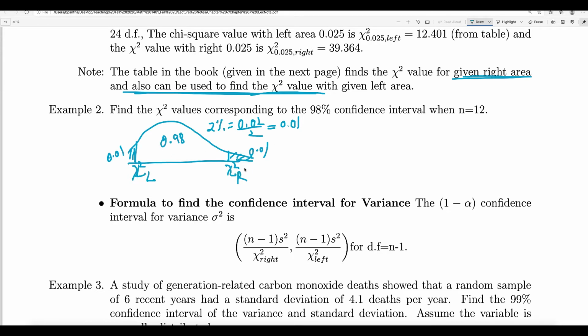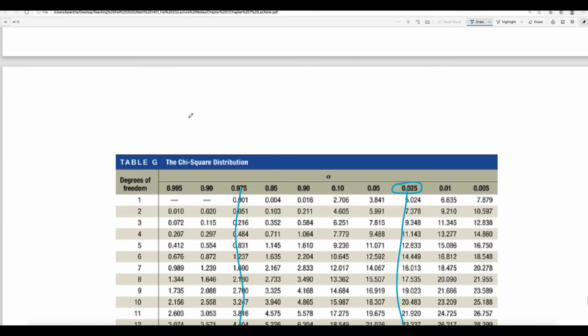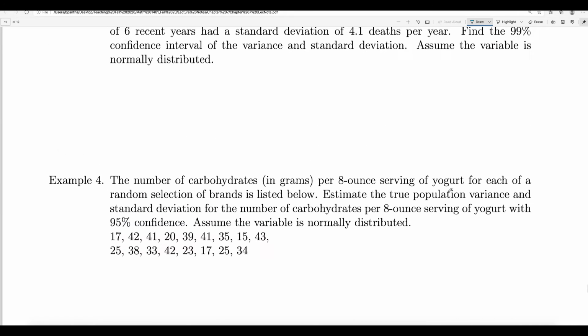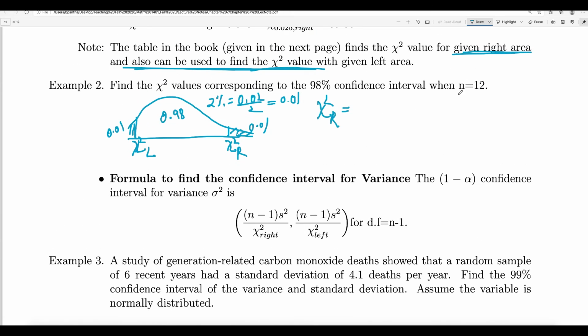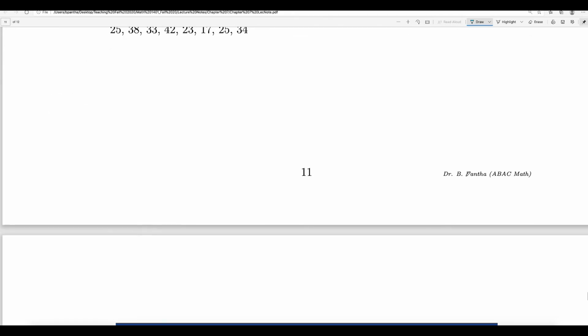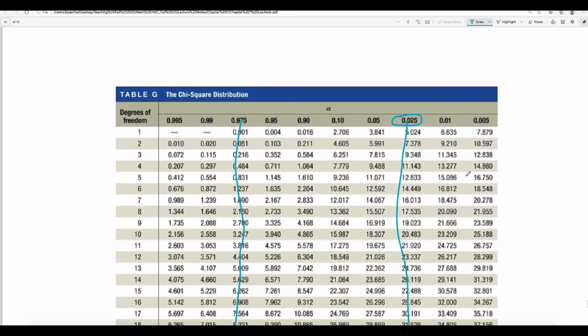To find the chi-square right, we need the area right of that 0.01. So on the table, go to the column of 0.01. What was the sample size here? The sample size was 12. So the degrees of freedom is 11, right? n minus 1. So go to the 11th row and then the 0.01 column.